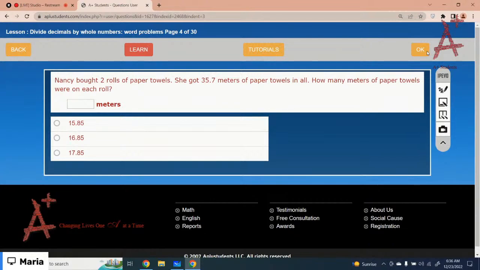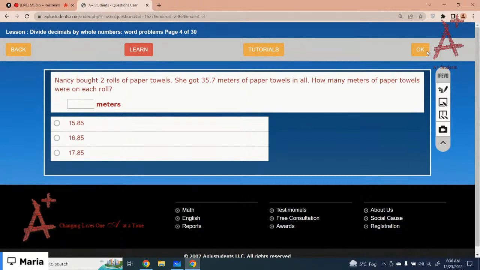So which of the options is the correct one for the next topic? You have to divide 35.7 by 2. So which is the correct option? 35.7 divided by 2 equals... Which is the correct option?